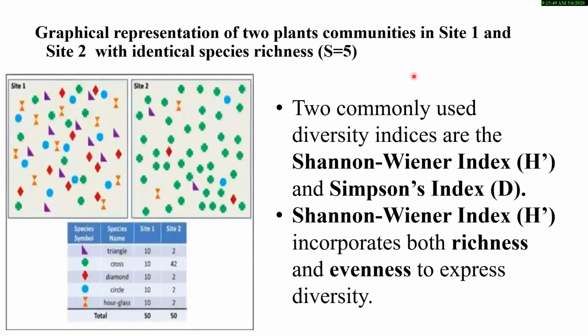Now, let us look at this diagram. When you consider this diagram, or the graphical representation of these two plant communities, site A and B, you could see that both communities have 50 individuals distributed among 5 different species.